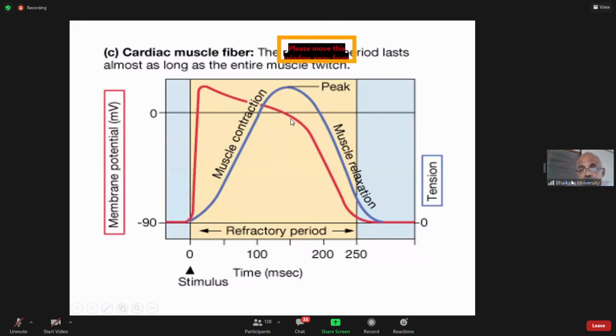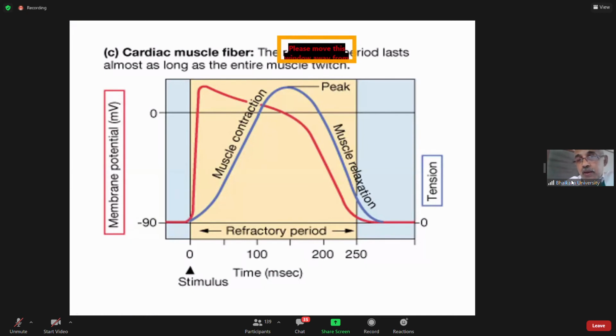Third, the duration of the action potential increases. With the refractory period prolonged and the influx of calcium ions, excitation contraction coupling has occurred. What it means is the contraction has started even before the completion of the electrical event.